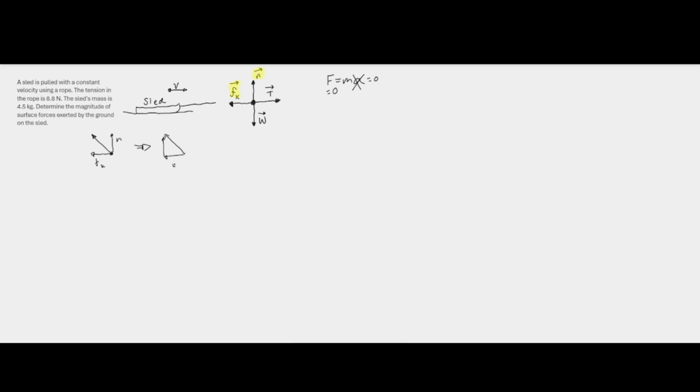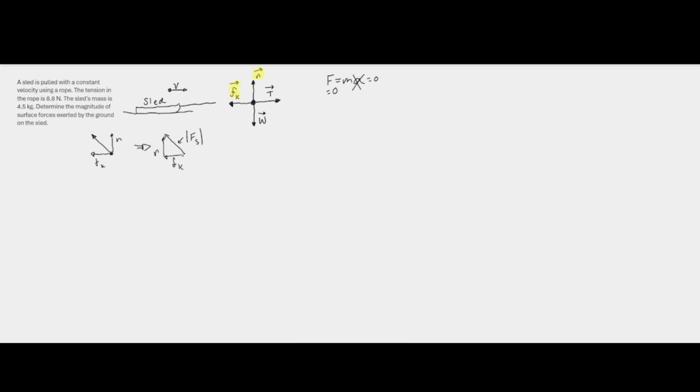This is the force of kinetic friction. This is the normal force. And now this is the magnitude of the surface forces. Okay, so we're looking to find the magnitude of the surface forces. I'll call them F sub S. And it is the vector sum of F sub K and N, the normal force.